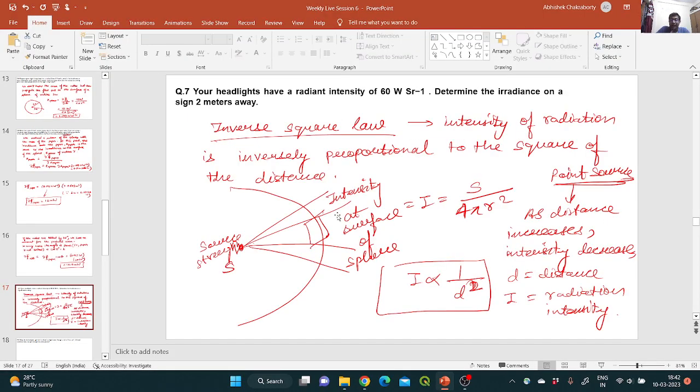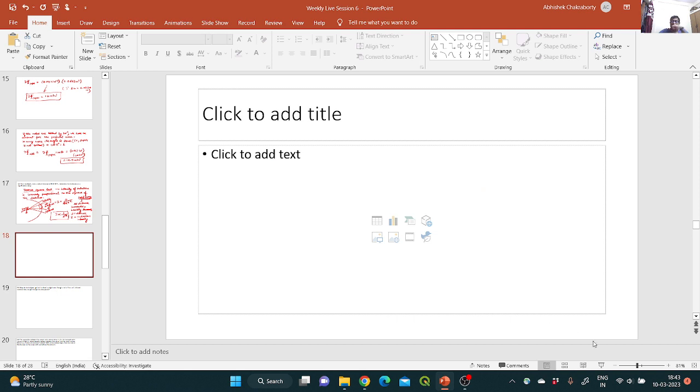So you cannot blindly use this formula. You can blindly use it probably for this course, because for this course the size of the source does not matter. I mean, it's not something which is extensively covered, but you need to check it at least once, whether the size of the source is almost of the same magnitude as the distance. But let's check it.